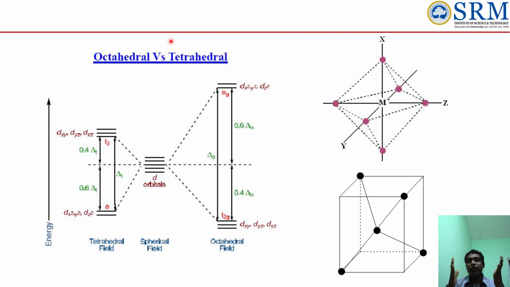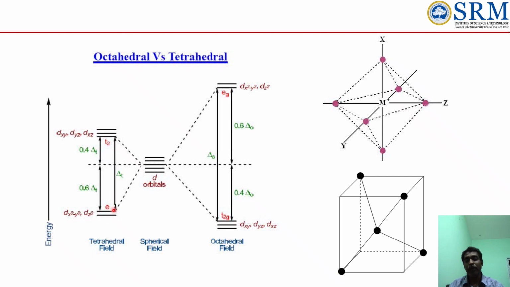So what we have observed in the high spin complex. High spin complex means what? You have more unpaired electrons. When you have more unpaired electrons, your splitting is very small. For example, you have a d5 system. Let's say the first electron goes to the E orbital, that is, let's say dx square minus y square. The second electron goes to dz square.